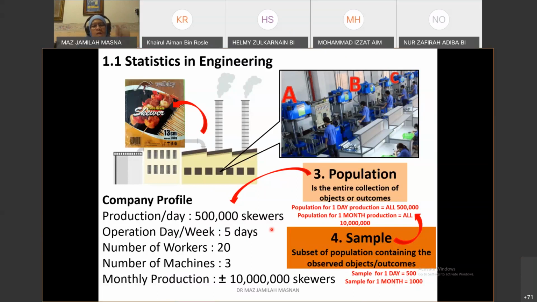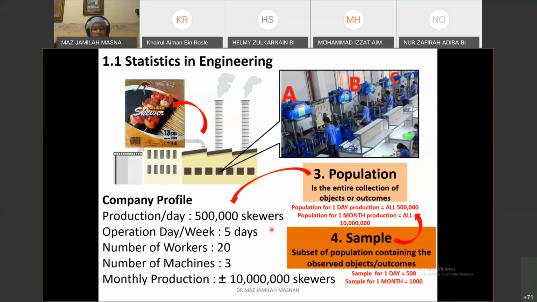Simply said, all the skewers inside the package is what we call the population, because it contains all the skewers. And the 40 skewers that we choose to measure is what we call the sample. What is a sample? A sample is a subset of your population, some amount of your subject from your population.